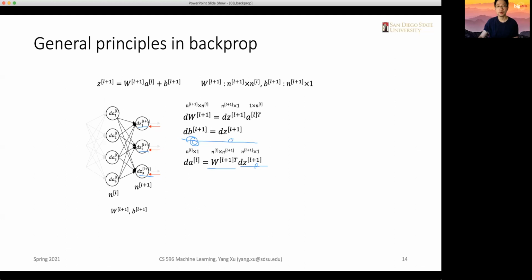Now you transpose the W, so W transpose would be NL by NL plus 1, which eliminates with the dimensions of ZL plus 1. And the result would be NL by 1, which is exactly the dimensions of AL. If you switch the order of the ZL and the WL, the result would be incorrect.